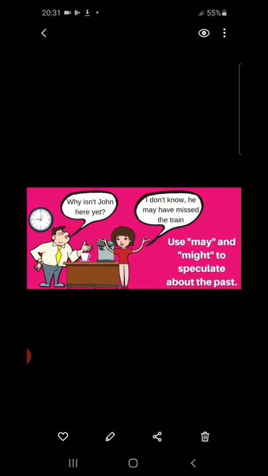So, something which had happened or which has already taken place, that activity or activities are being conveyed by the use of may or might.